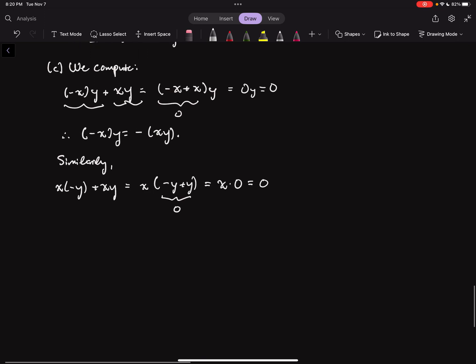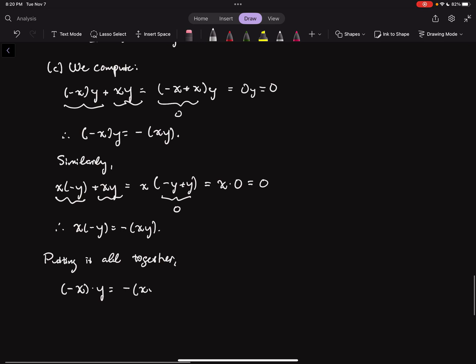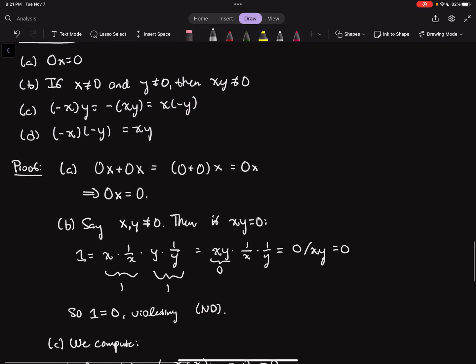And this shows also that these two must be additive inverses. And then putting it all together, we get minus x times y equals negative, in parentheses, xy, equals x times negative y. Okay? Which is exactly what we were assigned to prove.